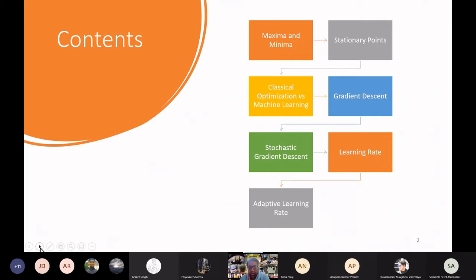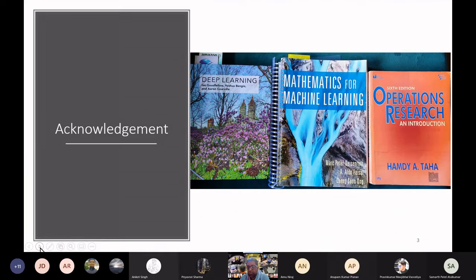To acknowledge, I mostly took help from these three books for developing this presentation. Most of the algorithms I took from Ian Goodfellow's deep learning book, and I also used scanned snippets of the algorithms with marking of page numbers or the algorithm number, so that you can follow it in this book.